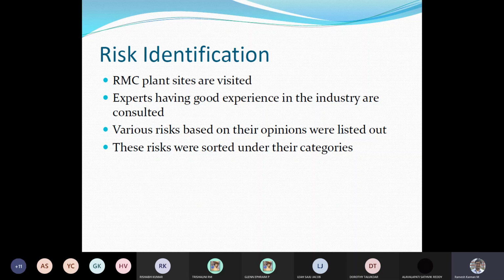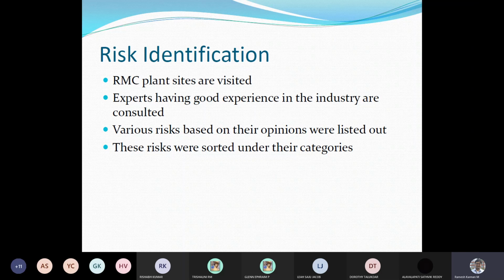If the automated system has an inherent problem, or there is any external problem, like the hardware goes away or the software gets corrupt, then it will be a huge detrimental upset to the RMC with an automated batching system. So you can put these under: if manual, this problem; if automated batching, this problem, and so on, right? That is how we sorted them under various categories, right?